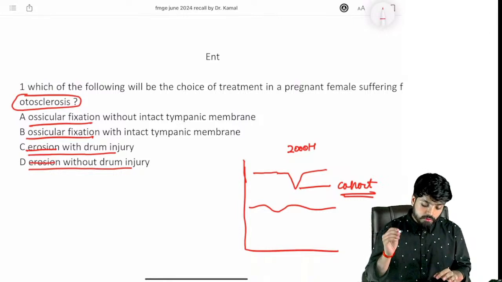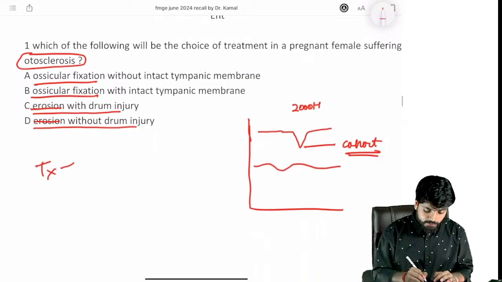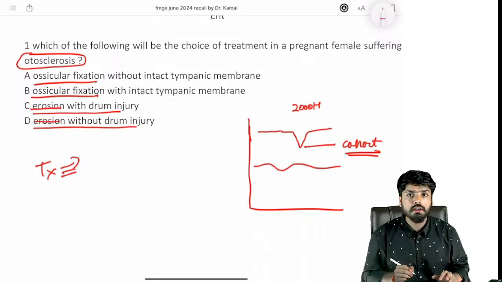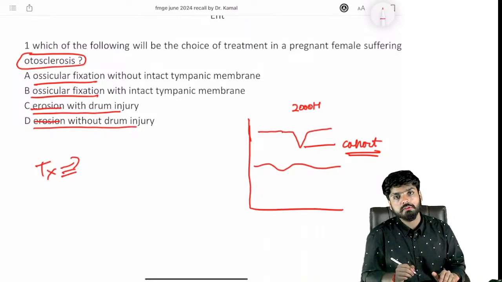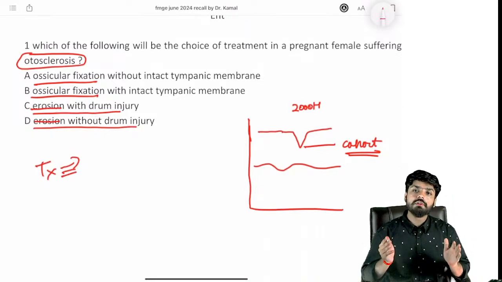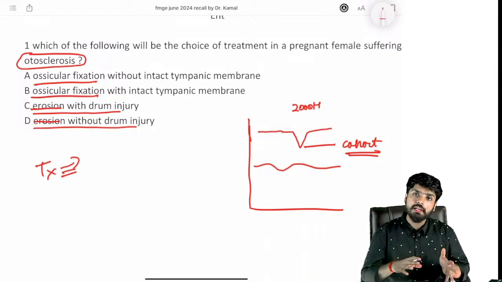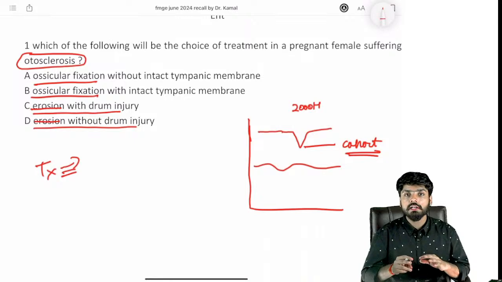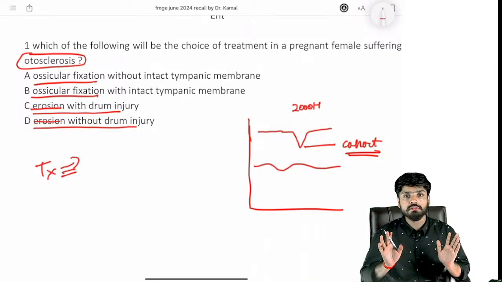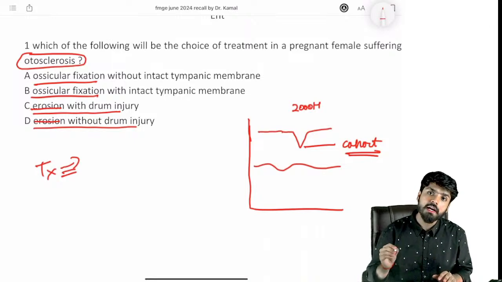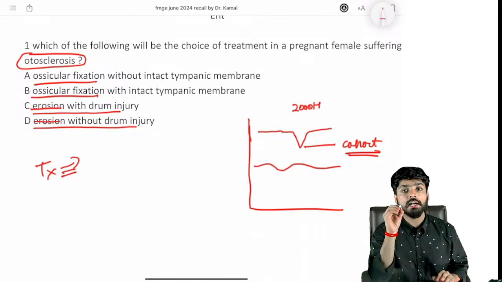The treatment part comes into play, which is usually the favorite part of the examiner in otosclerosis. If the examiner gives you anything related to a tympanic membrane finding, that it's pink in color, or if the examiner straight away tells you that Schwartze sign is positive, then there is nothing we have to do, because the disease is in an active state.